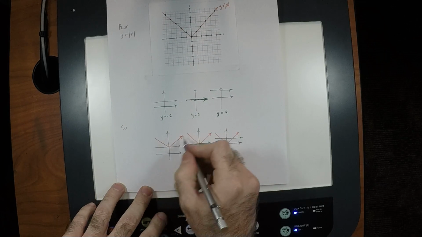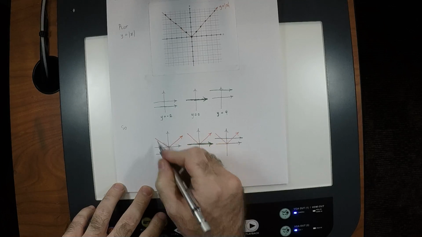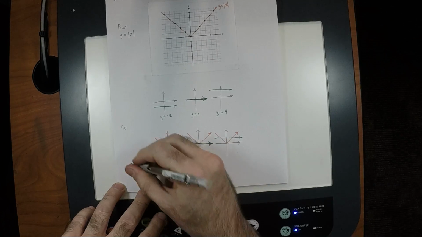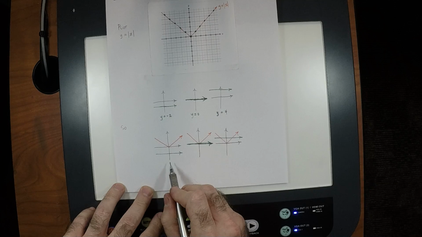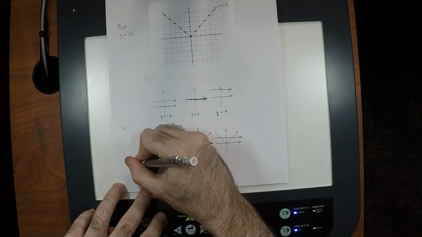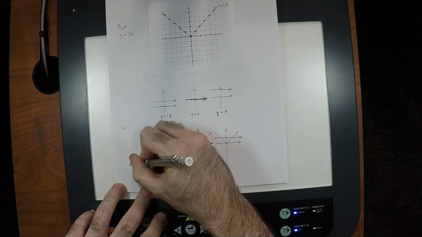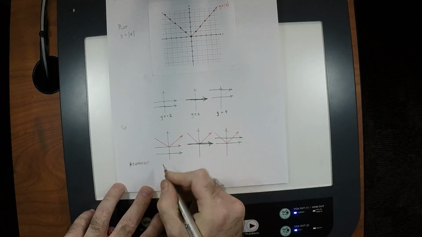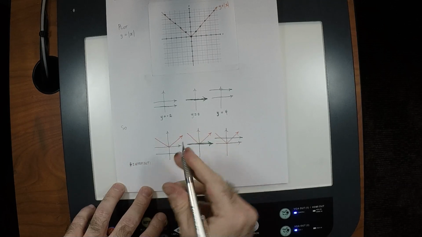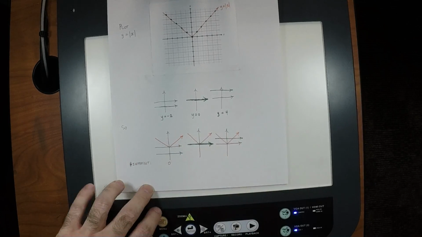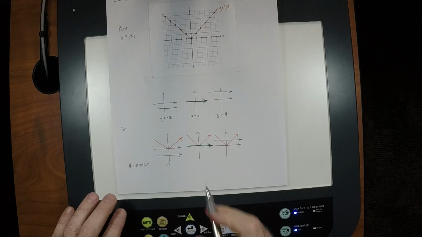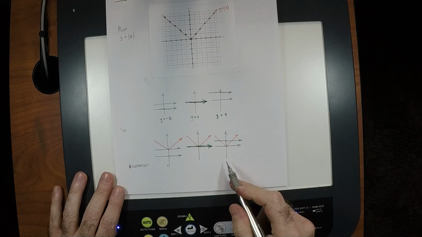So we've got a red plot and a green plot. For this one right here, how many times do the red and green touch? None, right? So the number of intersections for this one is 0. They intersect 0 times. How about for this one?